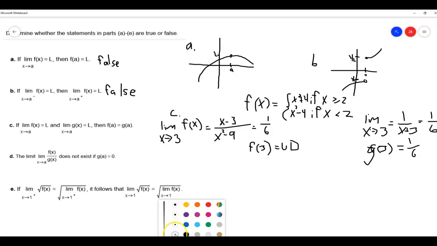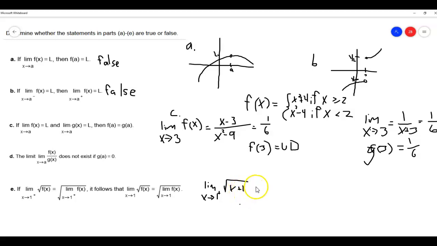The limit as x approaches 1 from the right of the square root of x minus 1 is equal to, well, that's going to be 0, because we can look at it from the right-hand side.